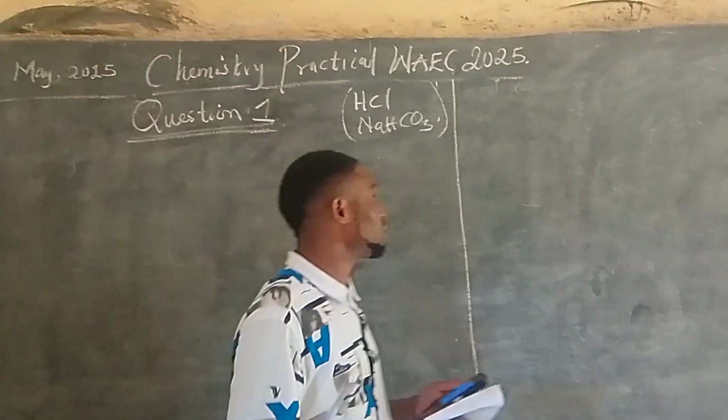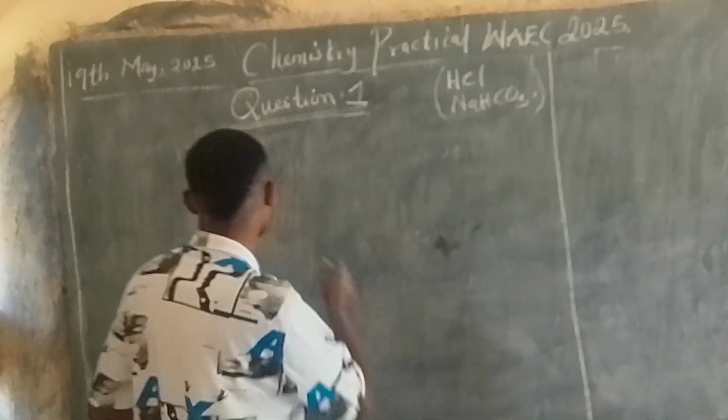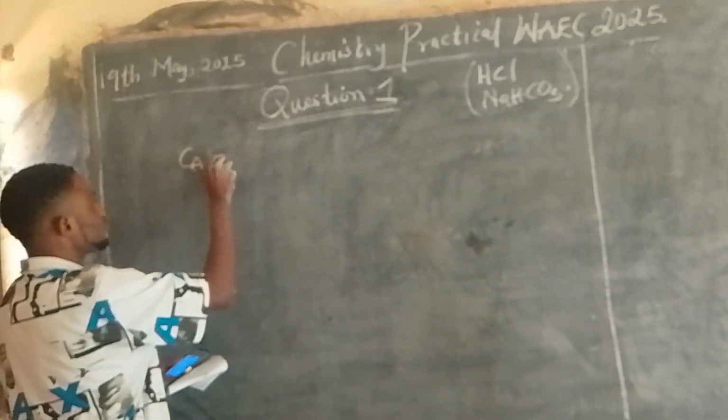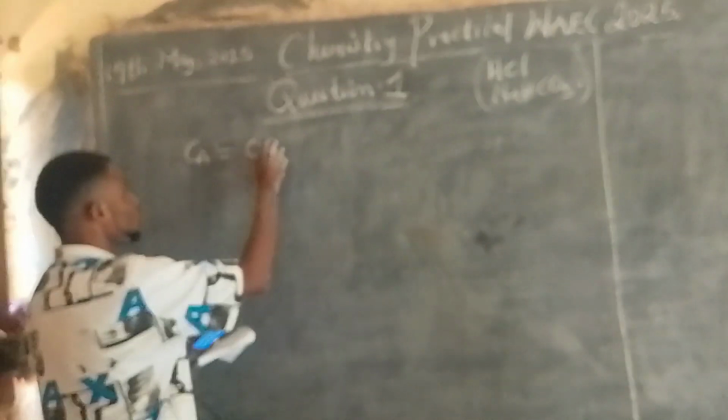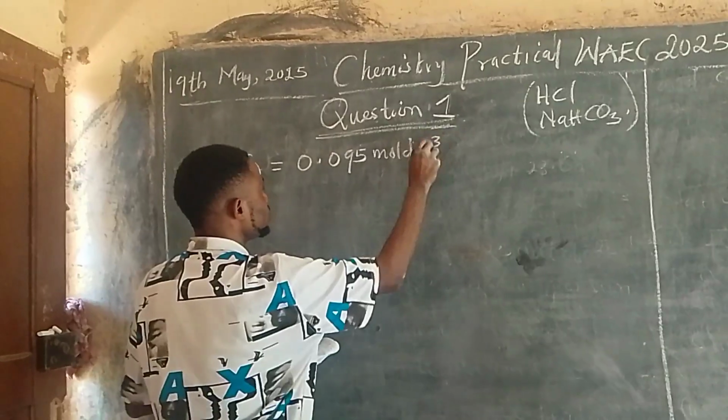Now in this question we are given the concentration of HCl, which is our CA, 0.095 mole per dm cube.